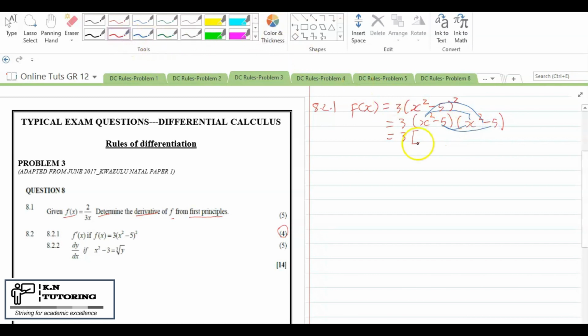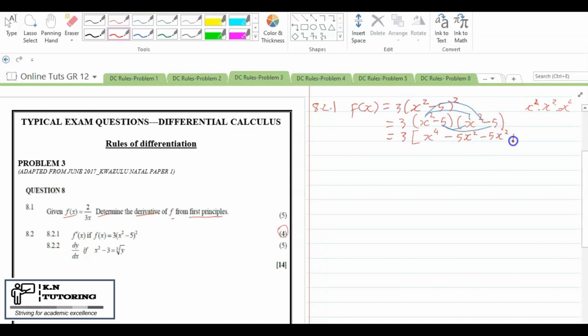Okay, so x squared times x squared is going to be x to the power 4. Remember, when multiplying powers of the same base, you add the exponents because it's x squared multiplied by x squared: 2 plus 2 is 4. So it's x to the exponent 4. X squared multiplied by negative 5 is going to be minus 5x squared. It's the same again, minus 5x squared.